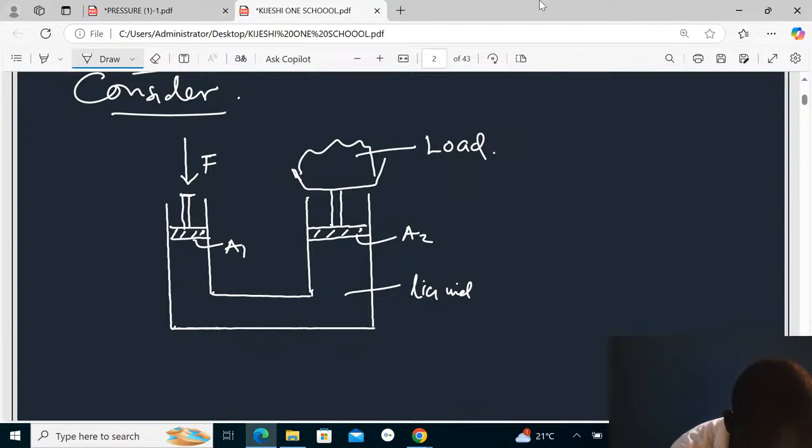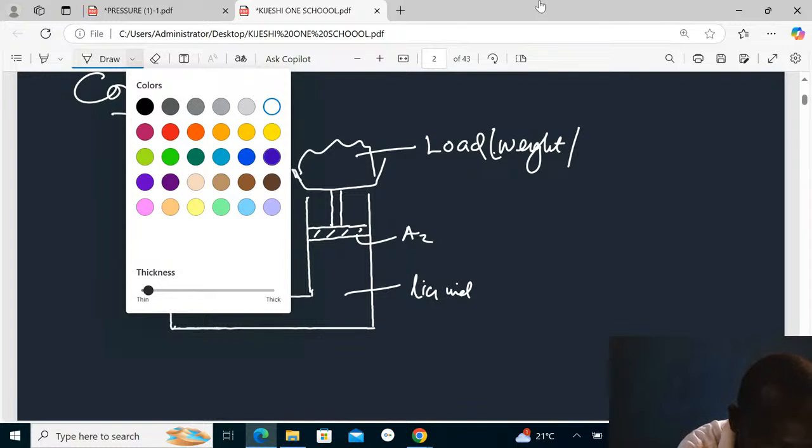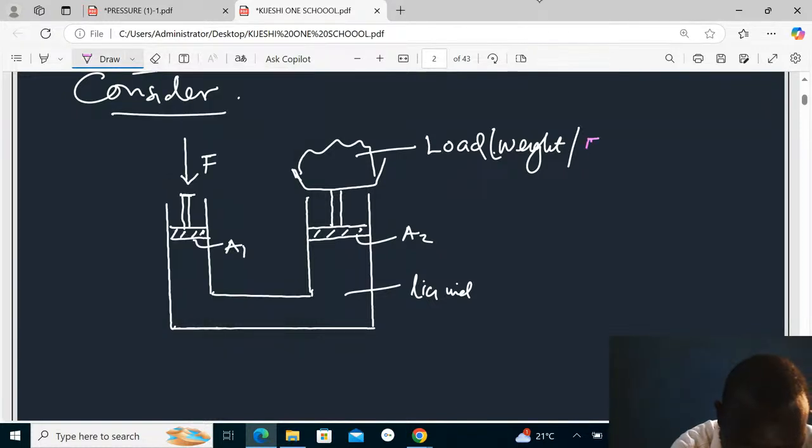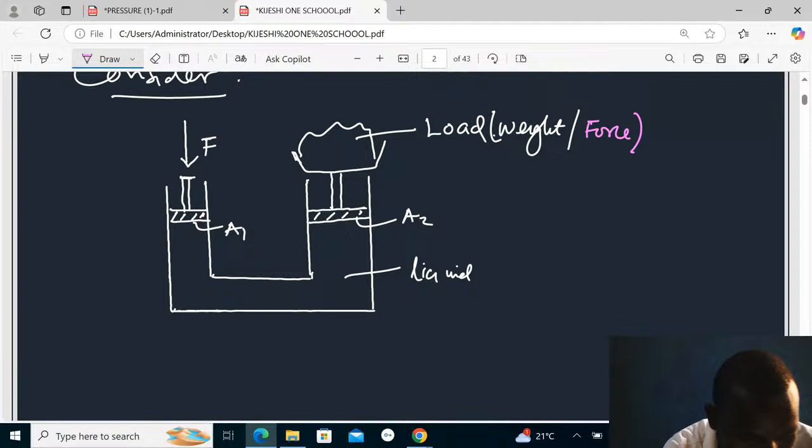Yes, now you are told that this is a diagram. The load here, we can say it is like weight, or we can say it is like force. The moment there is an application of force here, it is going to exert some pressure here.